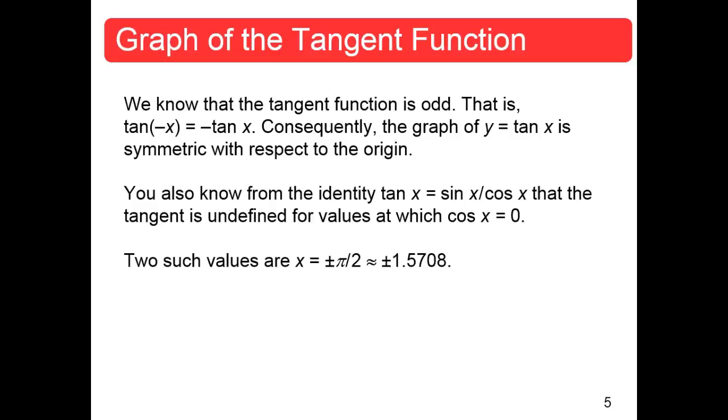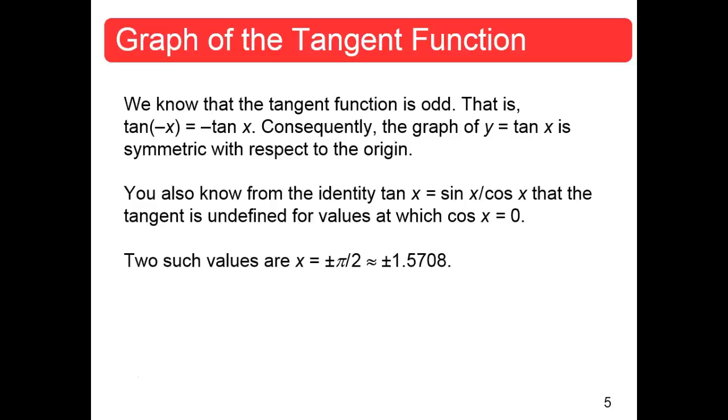X is 0 up here, and down here. That's the points 0, 1 and 0, negative 1. That's where x is 0, right?